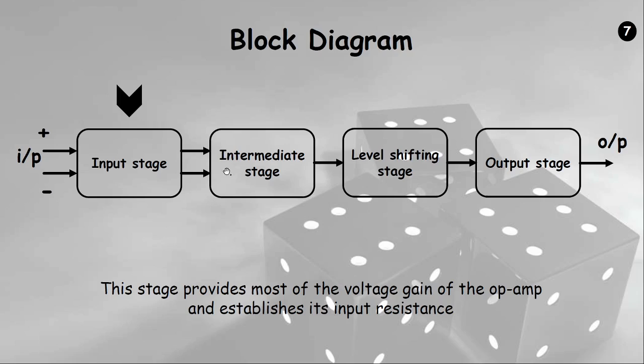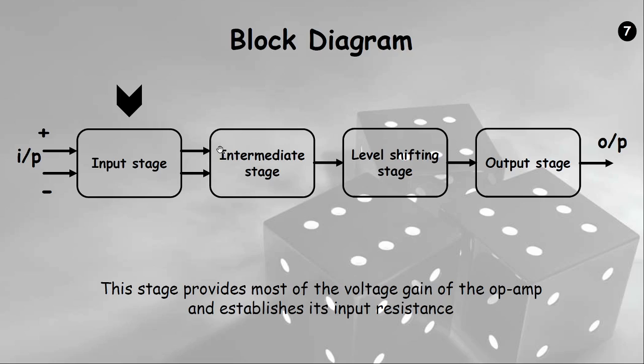The input stage gives a high voltage gain and a high input resistance, and the output of the input stage is given to the intermediate stage.